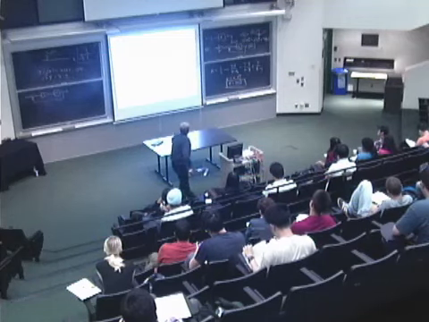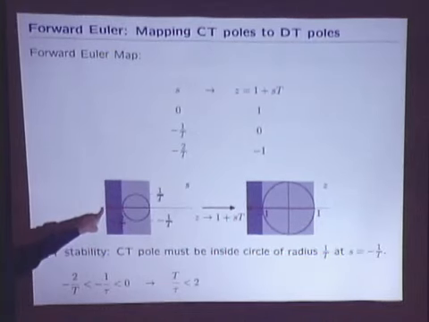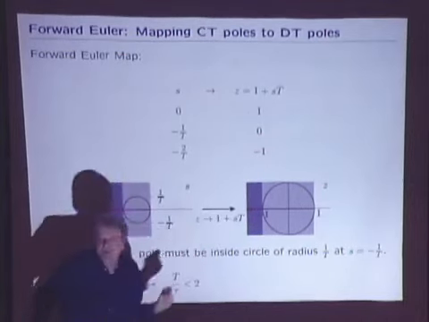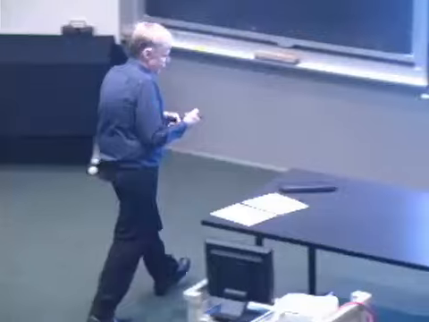Well, that's pretty interesting, because that means that there are s's over here that when I go through that map end up outside the unit circle. That's exactly what I found. That transformation has the property that it can map a stable CT system, a perfectly well-behaved CT system, into an oscillatory or even a growing divergent DT system. And you can see that simply because of the map between z and s.